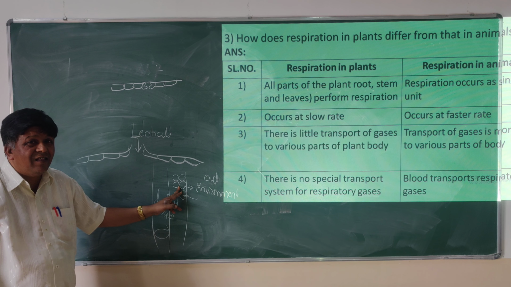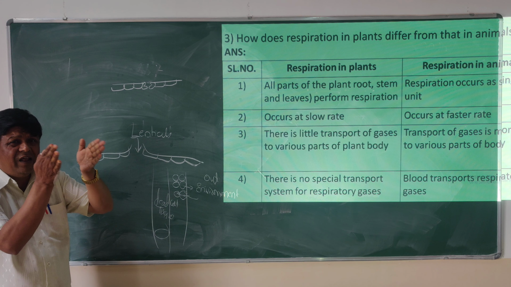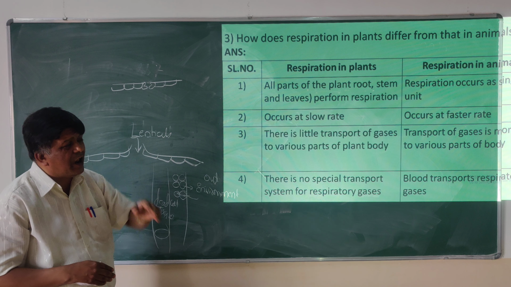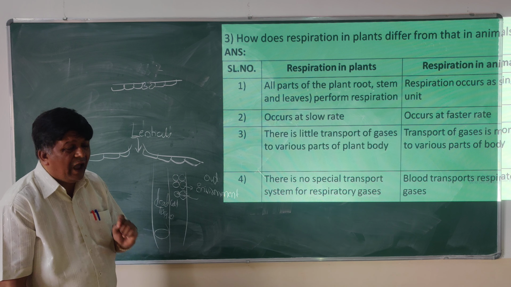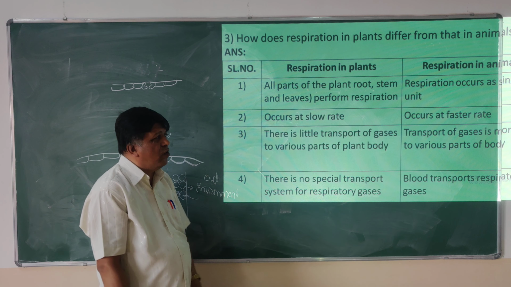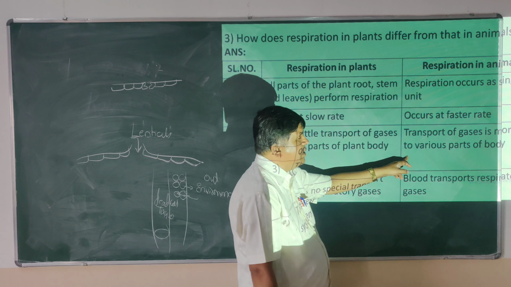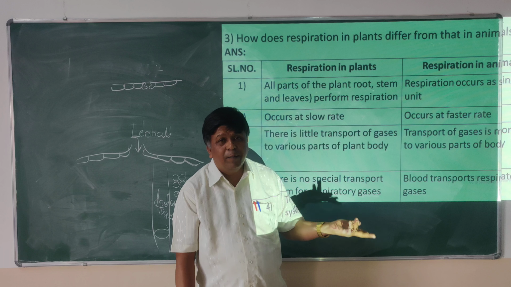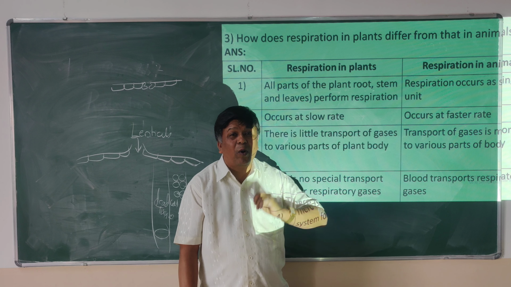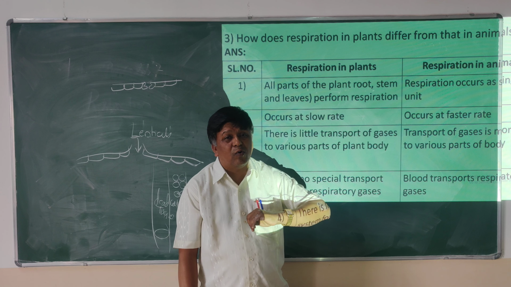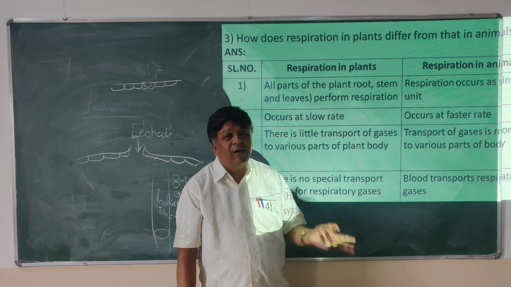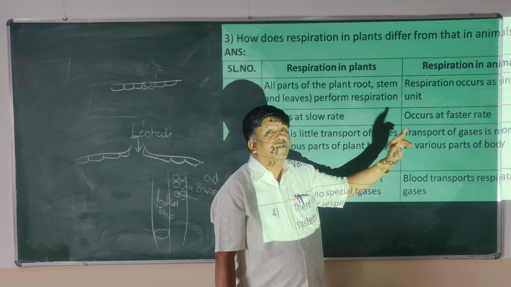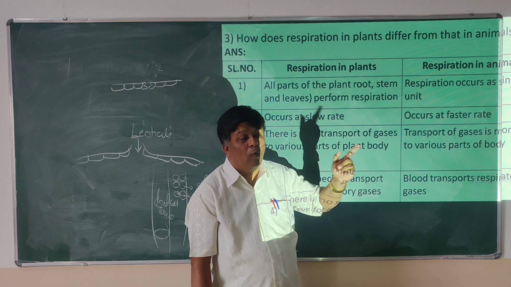Living cells require it, but they are very few in number. Hence, the distance over which the gases are to be transported is very short, and their requirement is also less. Whereas in animals, transport of gases to various parts of the body is more, because animals are more active. They carry out more metabolic activities compared to plants.